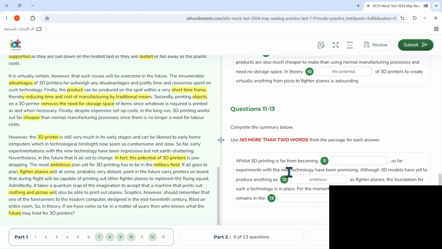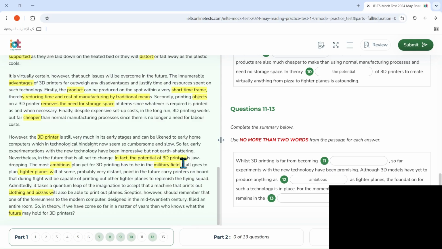While 3D printing is far from becoming mainstream, so far experiments with the new technology have been promising. It is still very much in its early stages and can be likened to early home computers, which in technological hindsight now seem so cumbersome and slow.